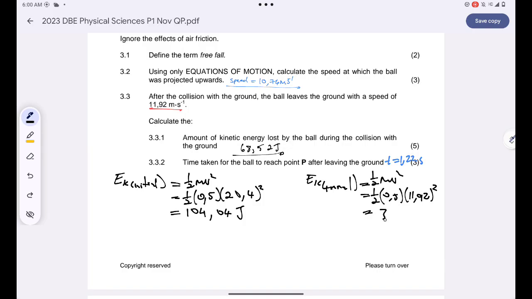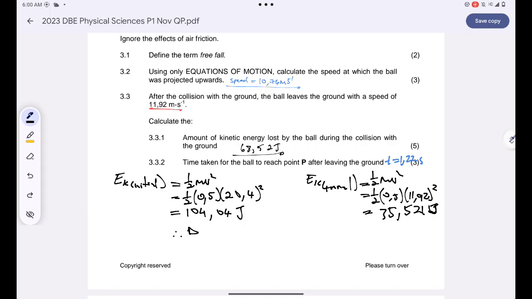I get 35.52 joules. Then whenever I subtract the two, let me not round off, I get 35.5216 joules, né?